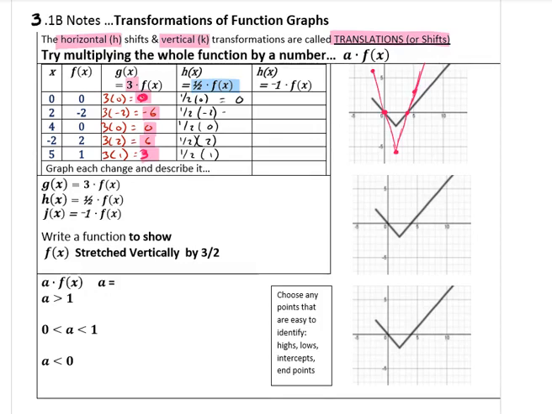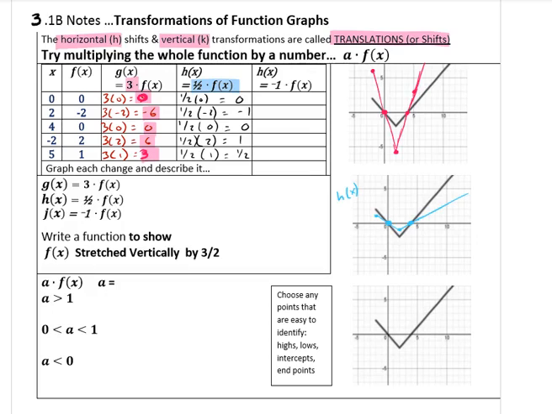This would give me 0, negative 1, 0, 1, and 1/2. Let me go ahead and plot those points. This time it was actually compressed. Think about smashing it down to make it smaller, because it's going to be half the size. Let me go ahead and label these before I move on to the next one.